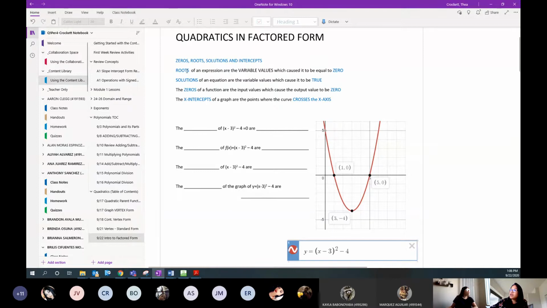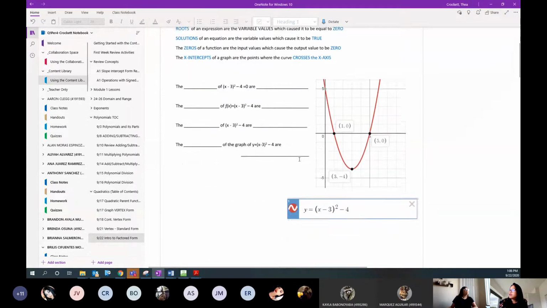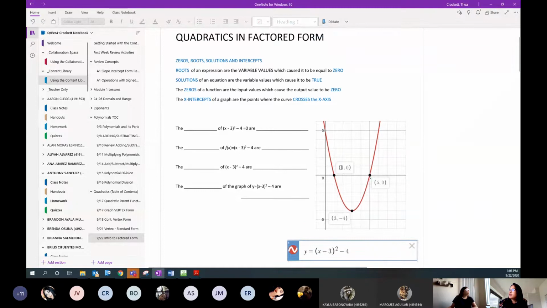So four different words that mean the same thing, just different usage. And they're always going to ask that during the test: solve for the solution, find the zeros, find the x-intercept, solve for the roots. They all mean the same thing. Okay, so here's an example at the bottom of that.